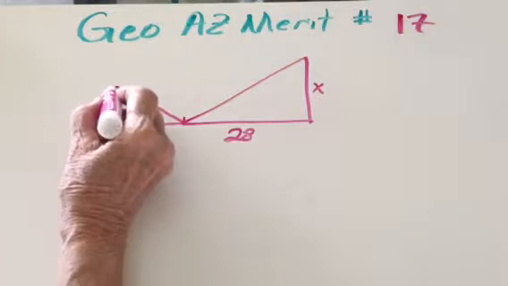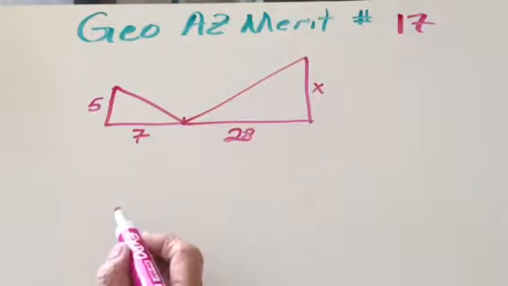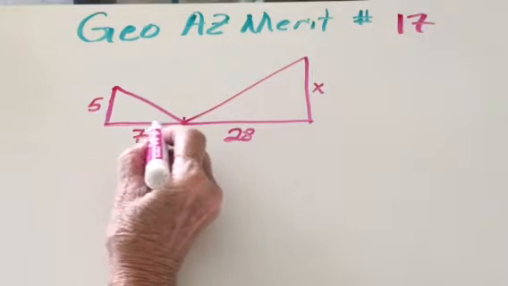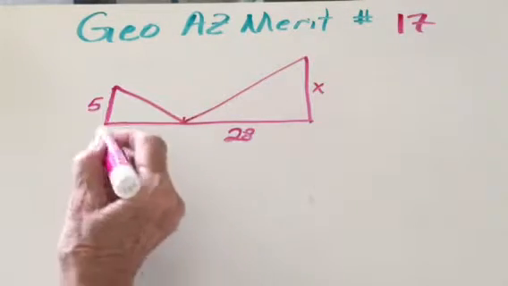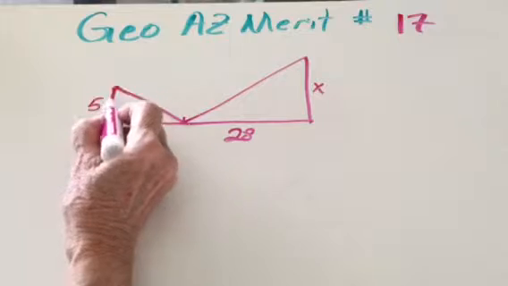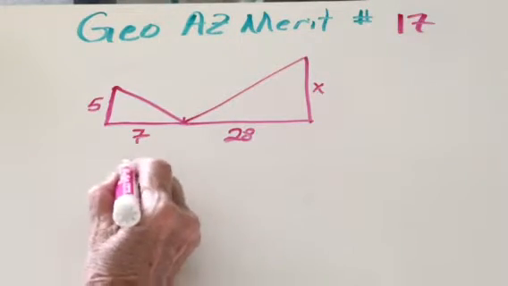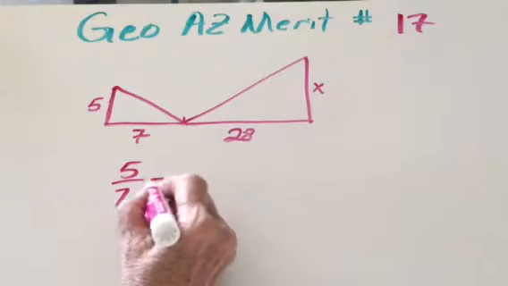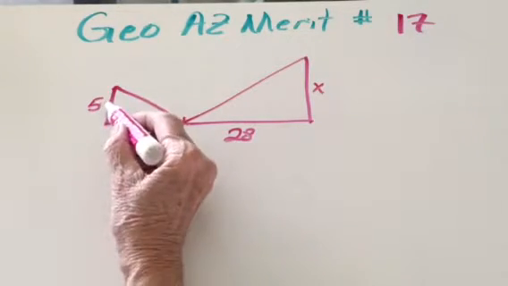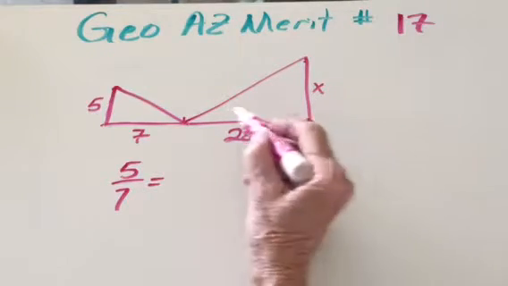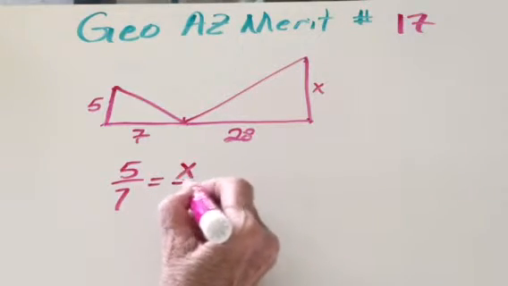So this is one way I can do it. I can say the small triangle height to the small triangle distance is 5/7, equals, now because I started with 5 on this side, now I have to start with x, x over 28.